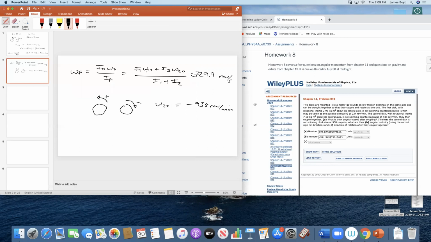If I put that in, I multiply 2.98 times 234 minus 7.1 times 938 over 2.98 plus 7.1, and I get negative 591.5. So omega final is now negative 591.5 rev per minute. Because it's negative, we know that it's turning clockwise, right? That's it. That's all there is to this problem.